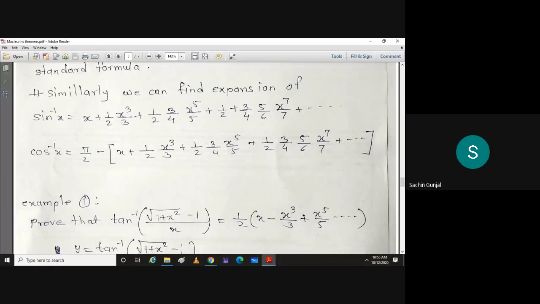But dy by dx square, how will you integrate it? I meant to say that dy by dx will be 1 upon root of 1 minus x square. And then we can factorize 1 minus x square as 1 minus x and 1 plus x and then use the binomial expansion.